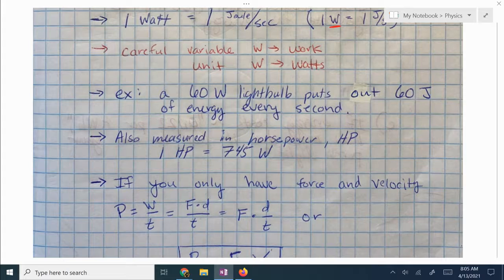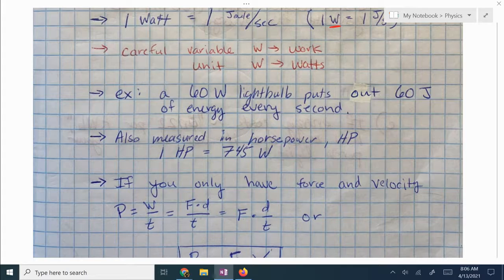We also measure power in horsepower, HP, most commonly thought of in cars. Horsepower describes how quickly a car can turn the chemical energy of gasoline into kinetic energy.